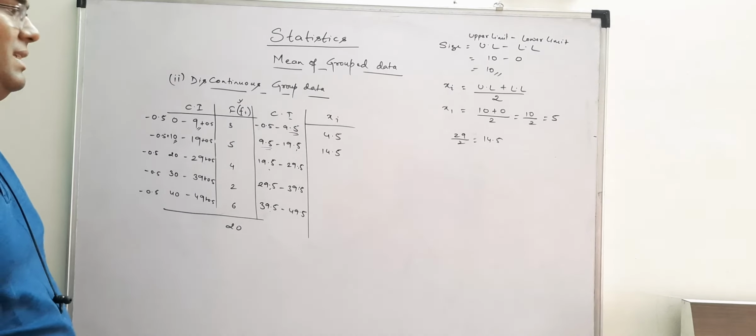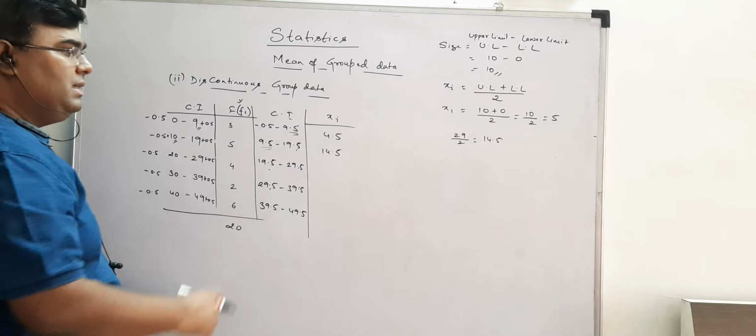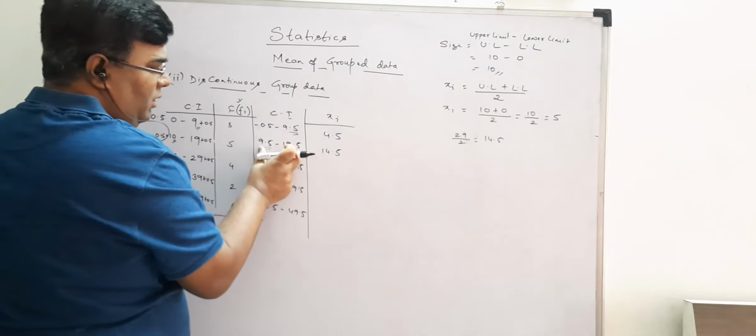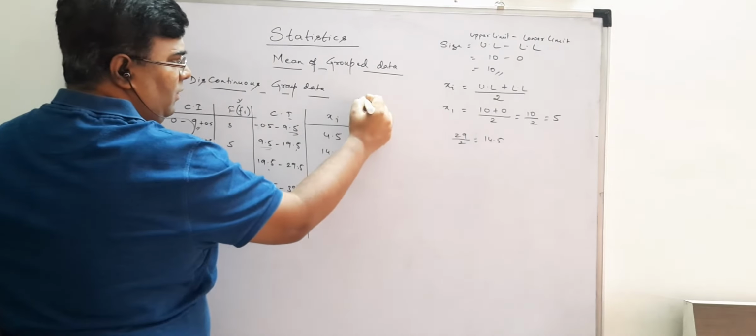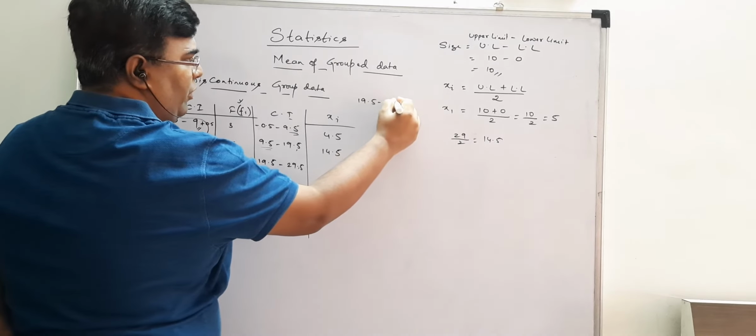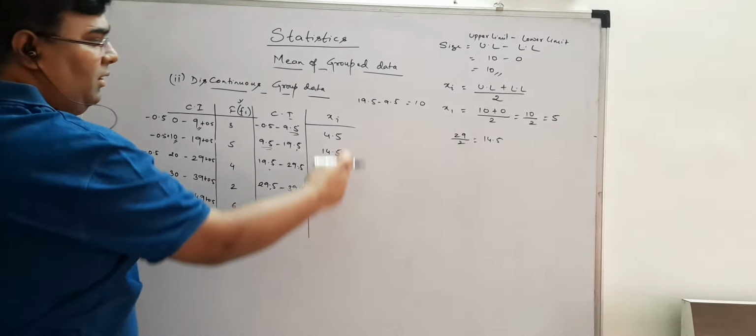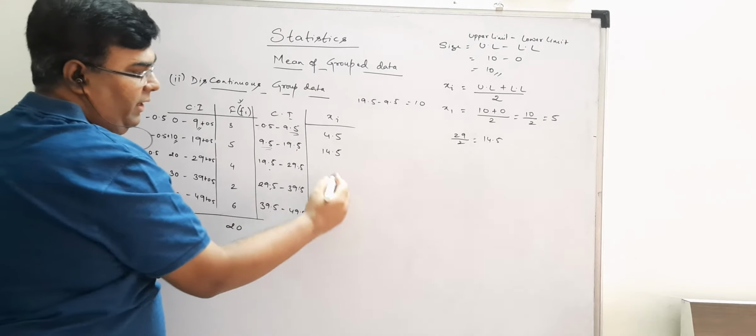What is my class size here? Class size is again upper limit minus lower limit. Taking this example, 19.5 minus 9.5 is 10. So you can add 10 each time.